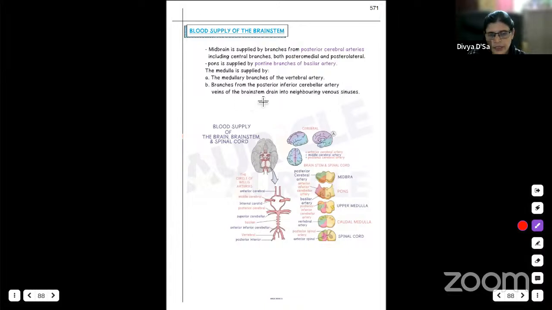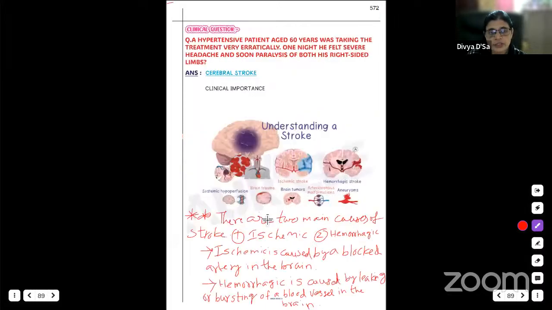Veins from the brainstem drain into the neighboring venous sinuses. Basically, in the posterior cranial fossa, there are many venous sinuses there. So it drains there, okay.